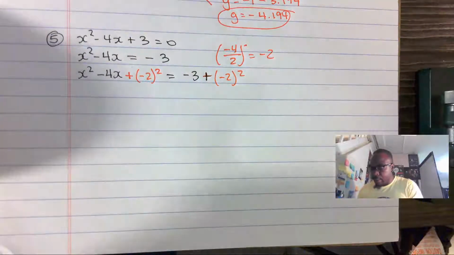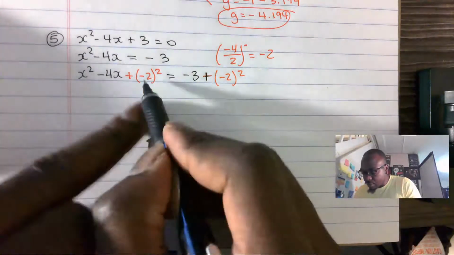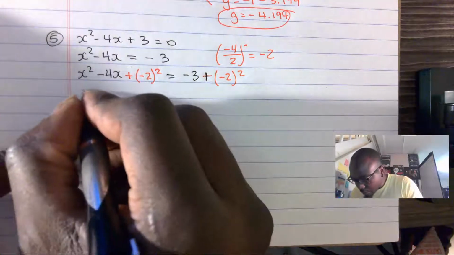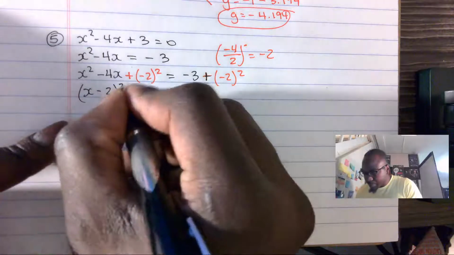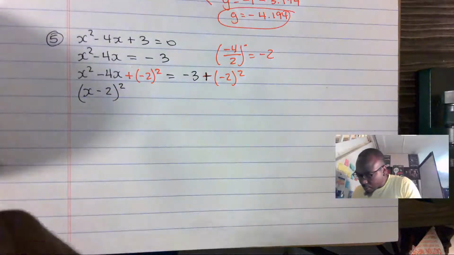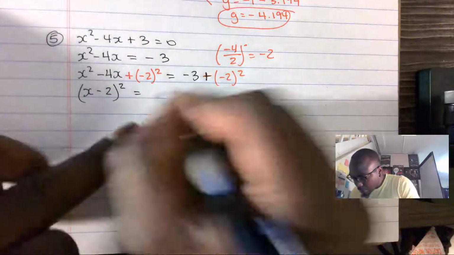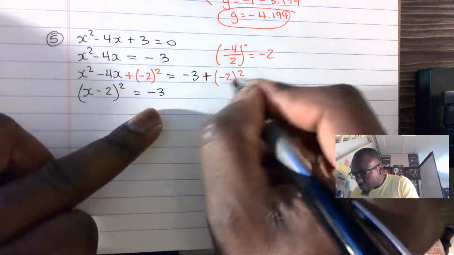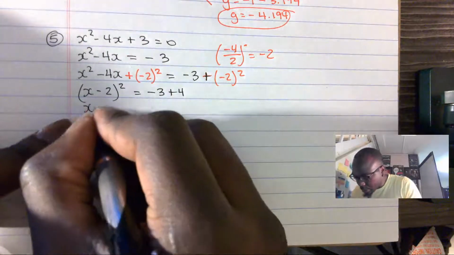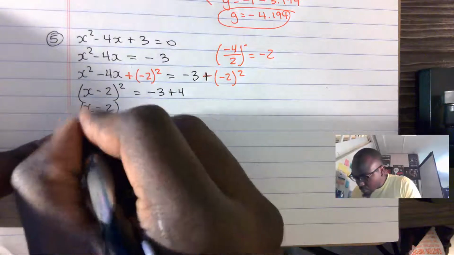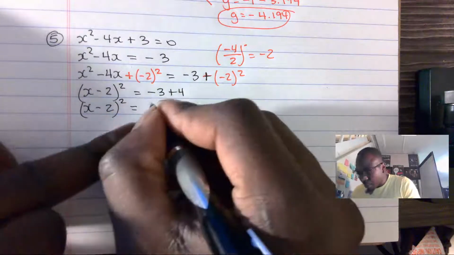Now I'm going to write this as x minus 2 all squared, which is equal to negative 3, and if I square negative 2, I get plus 4. So we have x minus 2 all squared equals 1.